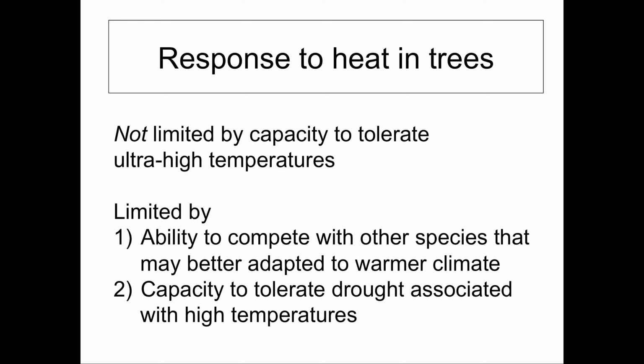They tend to be associated with low rainfall periods of time. And so the capacity to tolerate drought actually ends up being one of the major issues associated with species tolerating heat. So if you go back to the drought tolerance lecture, you can review those drought tolerance traits and think about those as also characteristics associated with high temperatures, since drought tends to follow high temperatures.